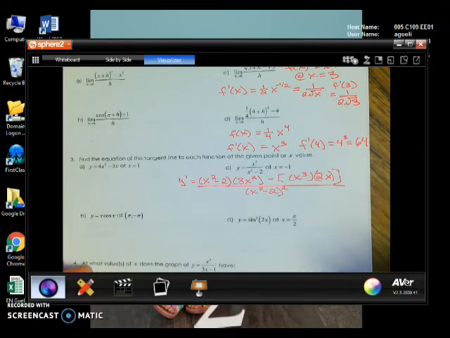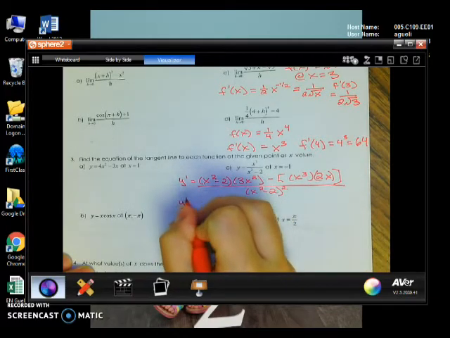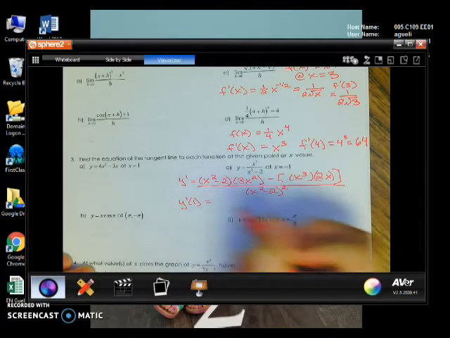Don't forget my squared. Okay, so you could simplify that out, but since we are given an x value, you can go ahead and plug in from there. It doesn't really matter when you plug in. So instead of making a mistake when I simplify it, I'm just going to go ahead and plug in from there. So I'm taking the derivative and I'm evaluating at 1.